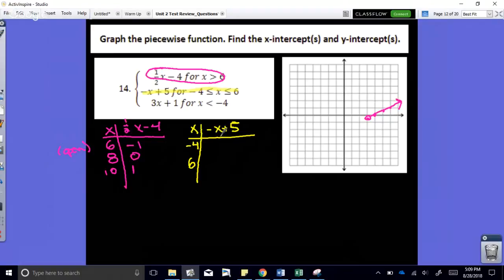Well, the opposite of -4 is 4, and 4 plus 5 is 9. When we plug in 6, we get -6 plus 5, which is -1. So I have 6, -1. This time it's going to be a closed circle.